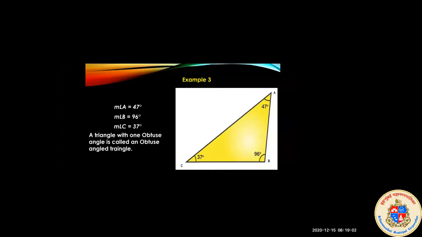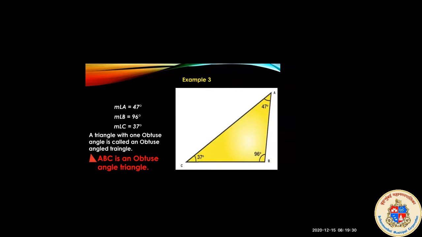So a triangle with one obtuse angle is called an obtuse angle triangle. Therefore, this triangle ABC is an obtuse angle triangle. In an obtuse angle triangle, one angle will be more than 90 degrees and the other two angles will be less than 90 degrees.